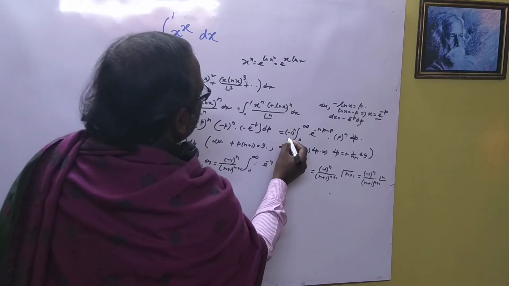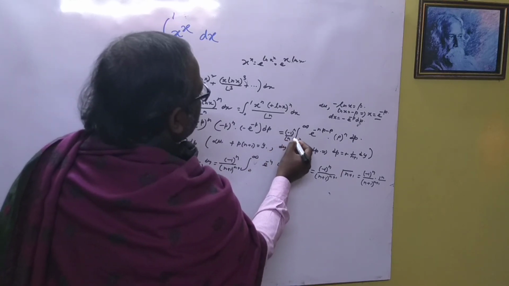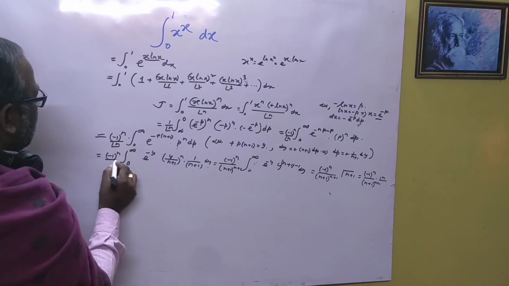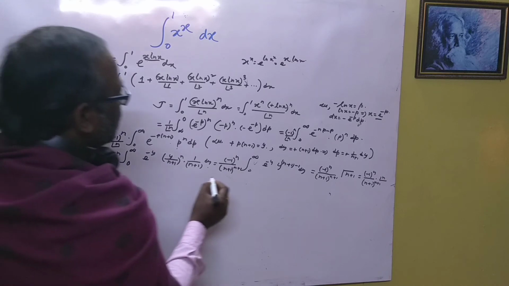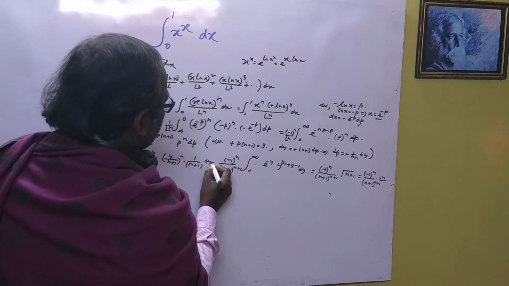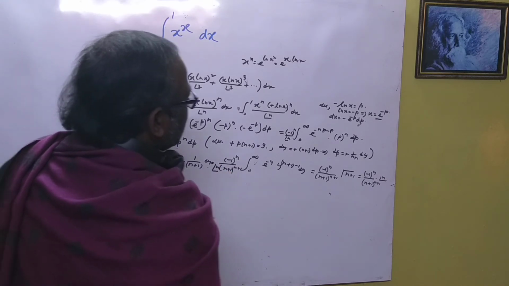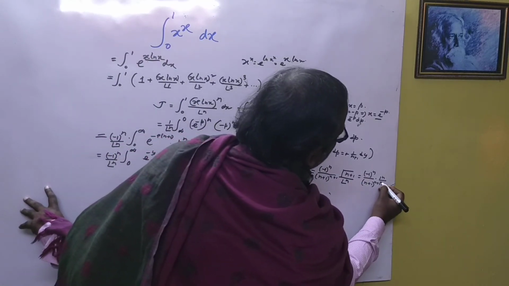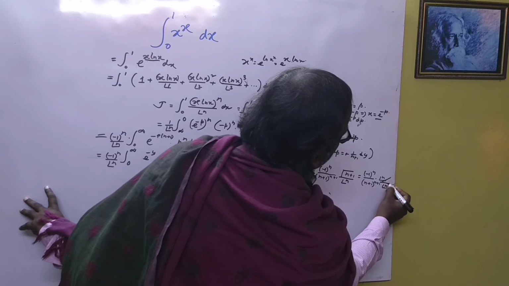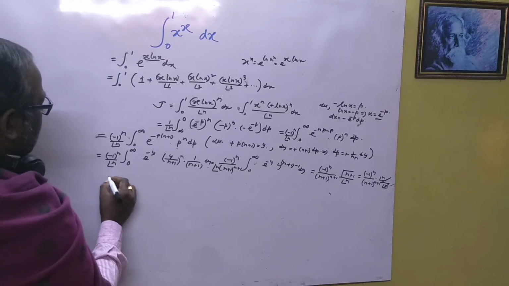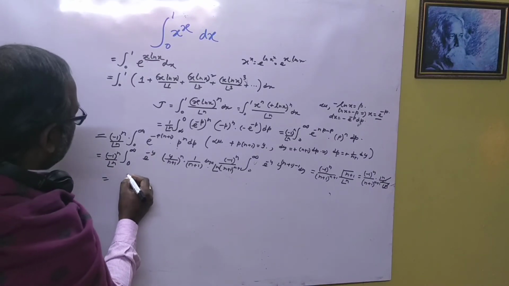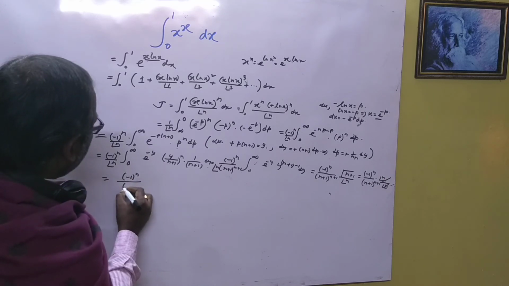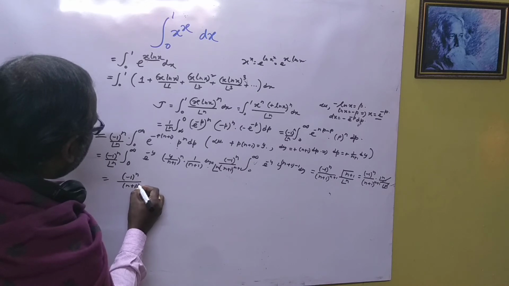This is by factorial n here, this is by factorial n here, and this here also factorial n. So these two factorial n are cancelled, and the value of this integral is here minus 1 whole to the power n by (n plus 1) whole to the power n plus 1.